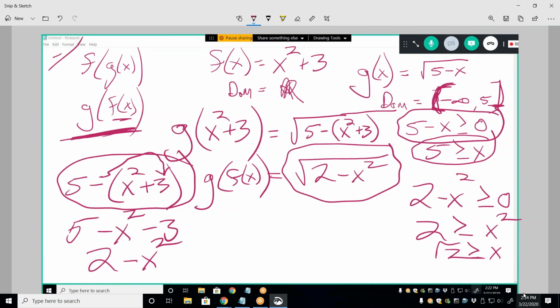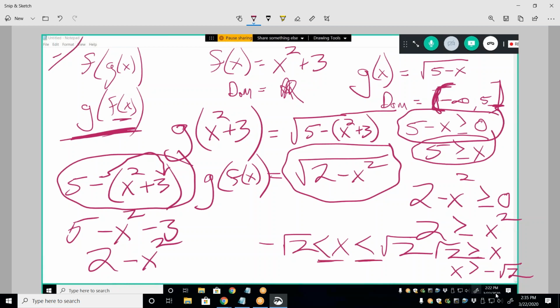But it also can be greater than the negative square root of 2. So actually the domain is between the negative square root of 2 and the square root of 2. And let's think about that for a moment.